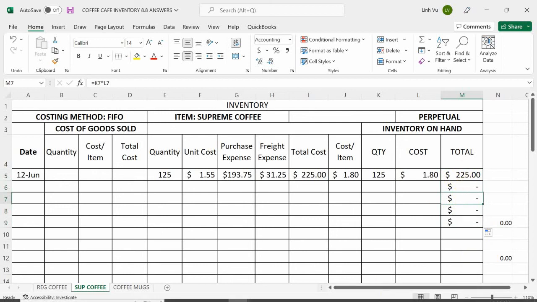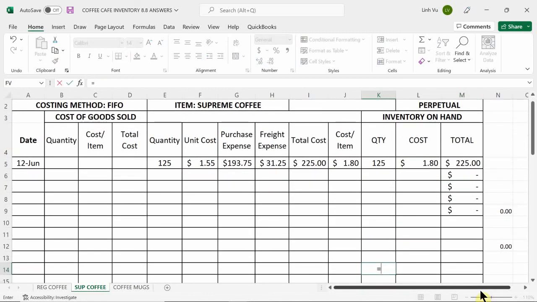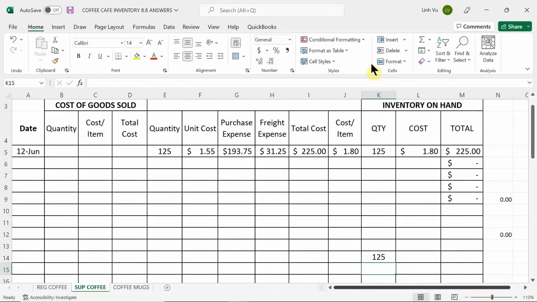And if you really want to, you can build your little total inventory table down below, so you can recognize how much you have on hand at all times. Right now, I have a total of 125 pounds. Why am I creating this table at the bottom?